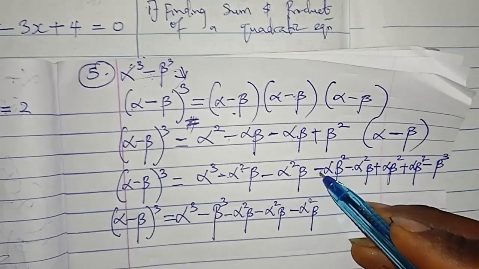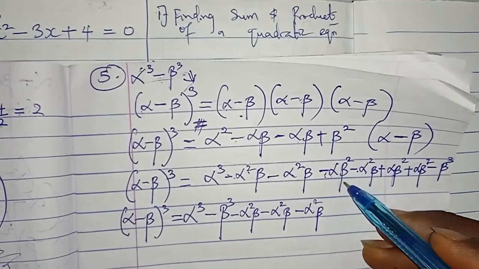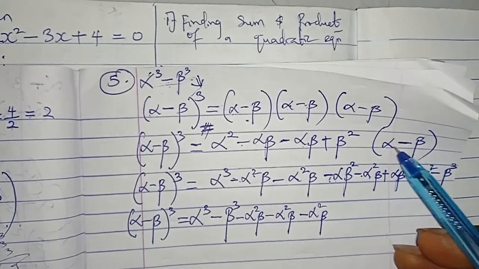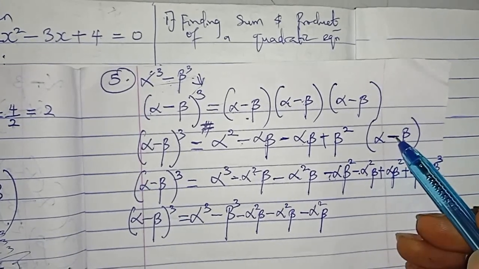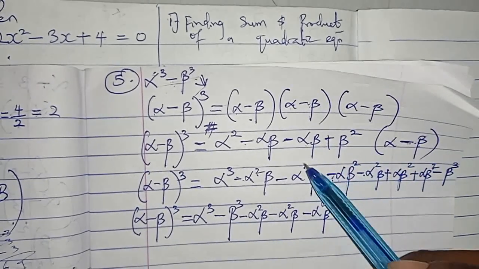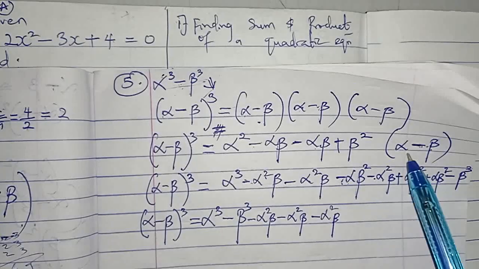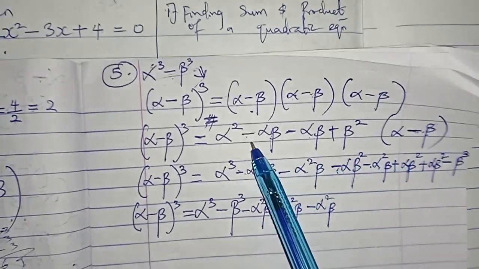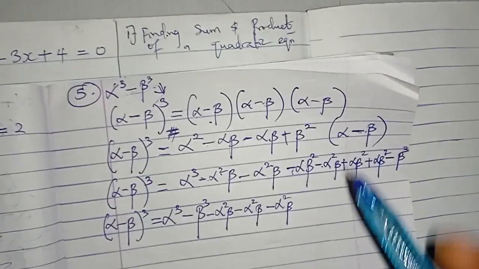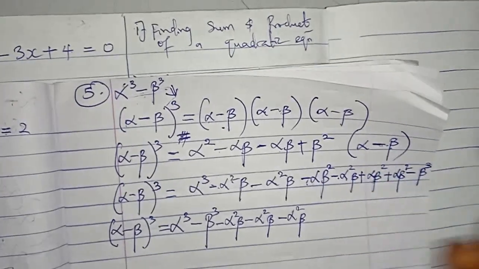Let's check. How did I get this one? This is when I did alpha minus beta, minus beta times, so you see alpha. See all the hard work, all the stress. This is stress, but when you use binomial expansion, it's simple.